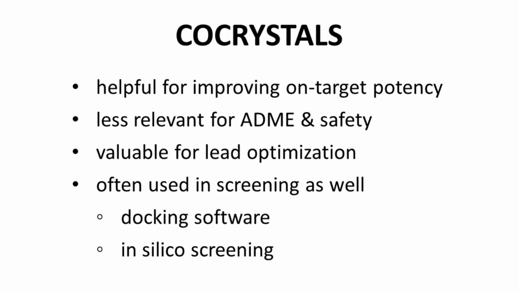An X-ray structure model can be paired with docking software for something called an in silico screening campaign. The software uses the X-ray structure to predict the binding of library members. Predicted actives must be validated experimentally, but in silico screening can be a quick and efficient way to identify promising molecules.